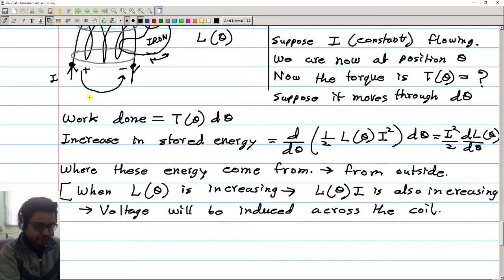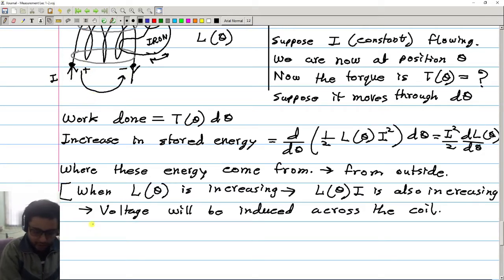For a very brief moment, when this moves by angle d theta, an opposite induced voltage will be induced. And so you see current is entering through plus and coming out from the minus. That means the external source must be doing some work to push current against this opposite voltage. So definitely the external source is doing work.